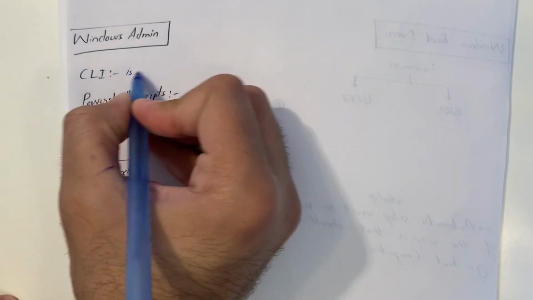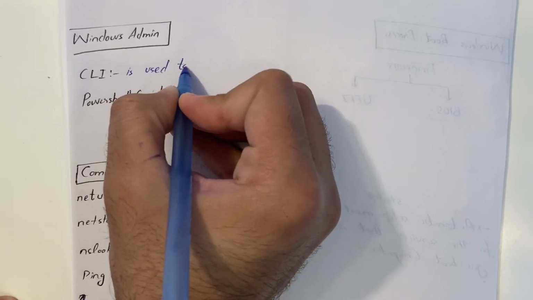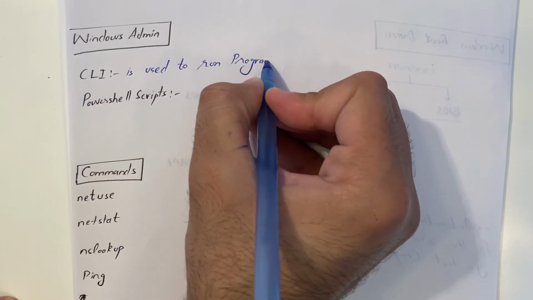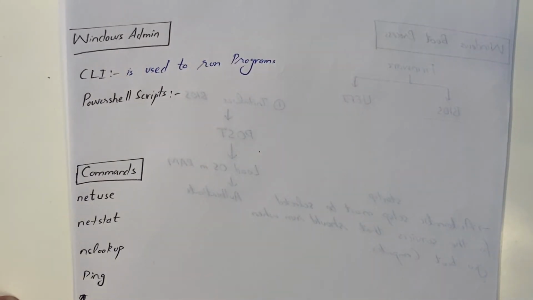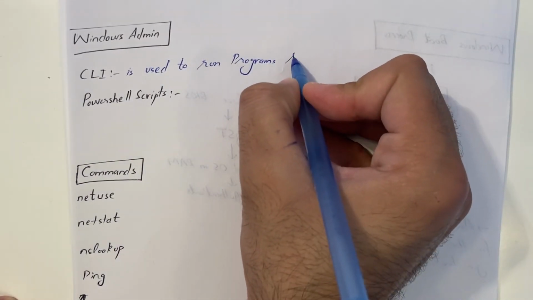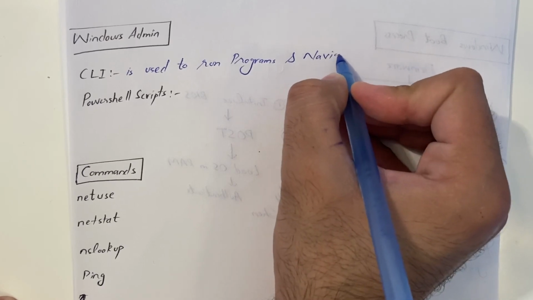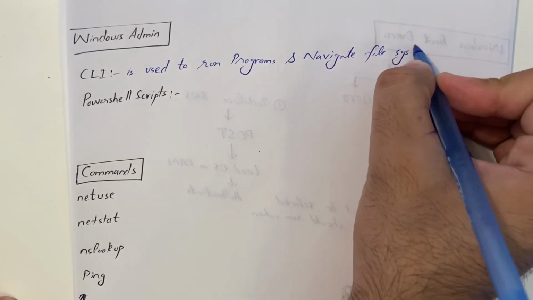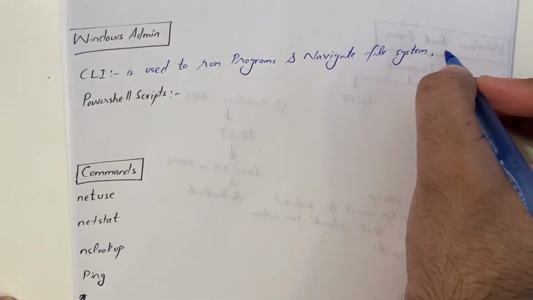CLI is used to run programs. For example, if you want to run programs, we use CLI. We can use CLI beside GUI as well, and you can navigate the file system and do file management as well.